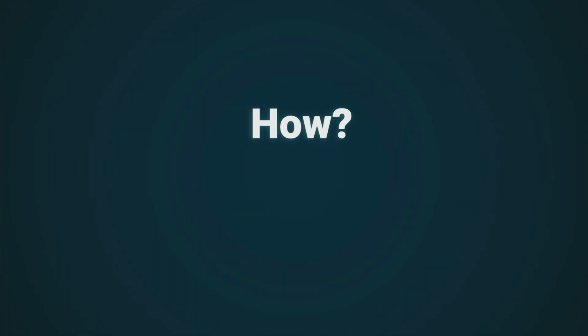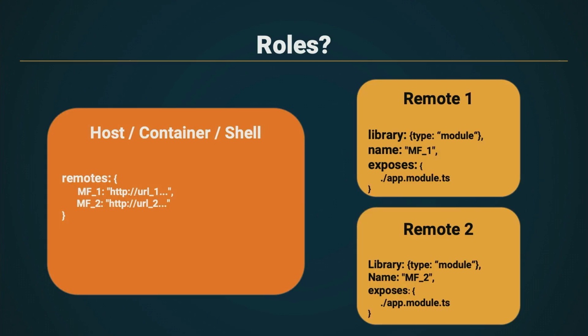How do you use such a framework? The frameworks all work the same, you can say, and that's good. They have the same configuration, so that is quite clear to explain. You have two roles in the application: the host, or the container, or the shell, as I call it, and the remotes.